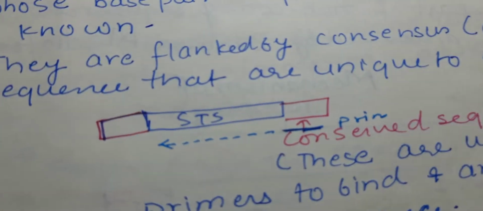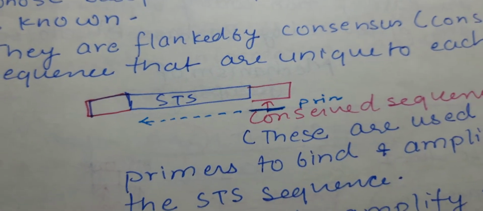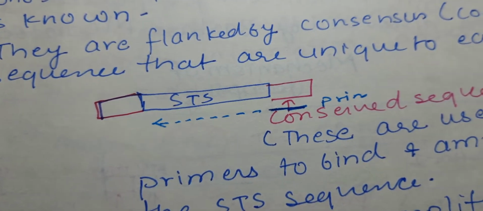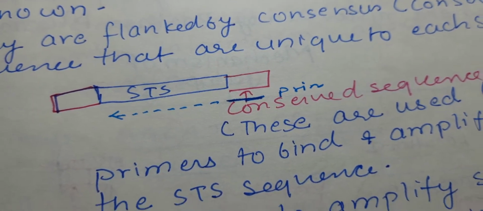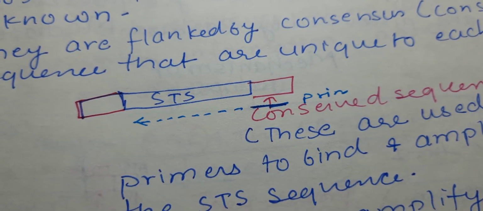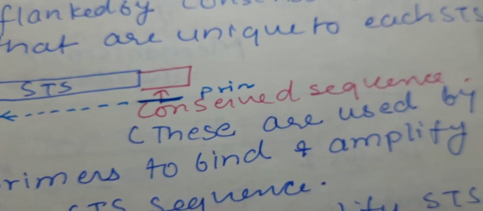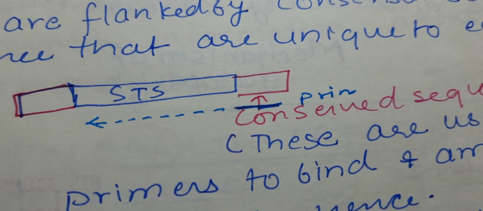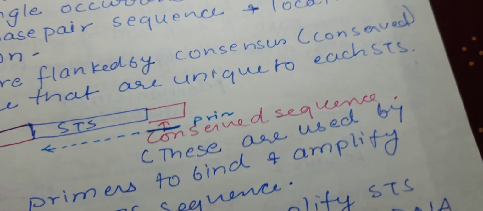So suppose this is the DNA sequence called the sequence tag site, and it is flanked by conserved sequences, and these sequences are different for different STS.